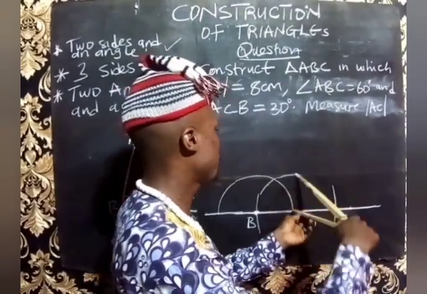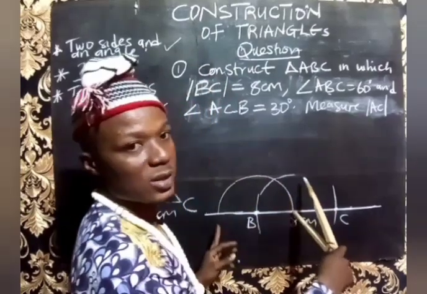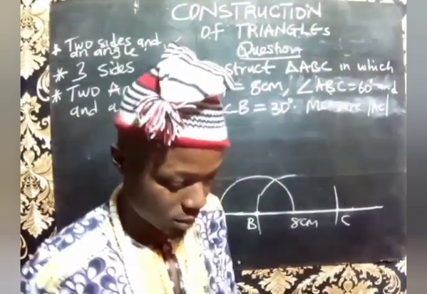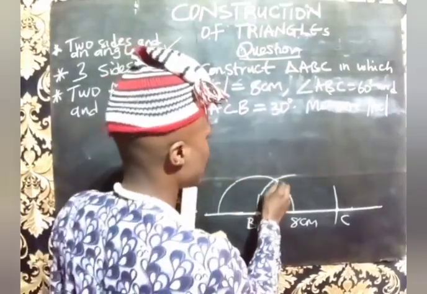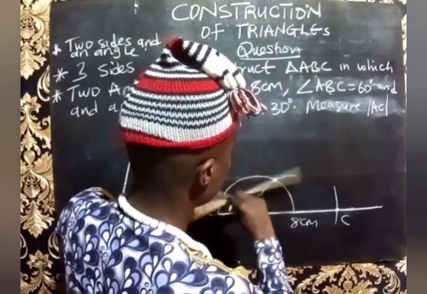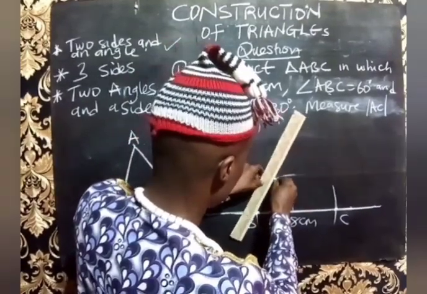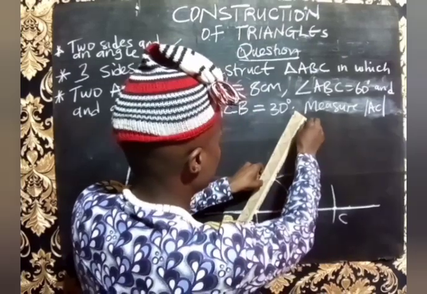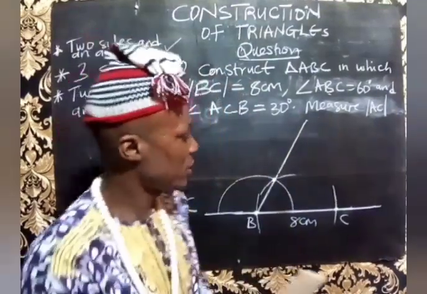Mark off an arc to cut the semicircular arc you've made. Now with your ruler, draw a long line that will pass through this intersection and the center B. You can make the line as long as possible.